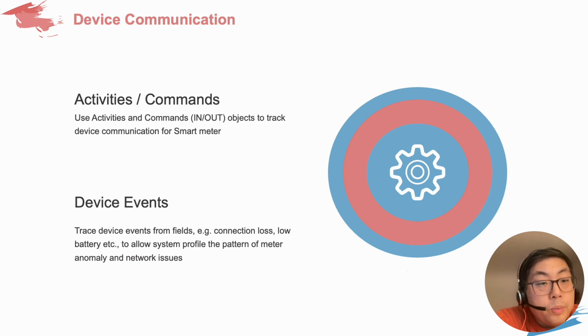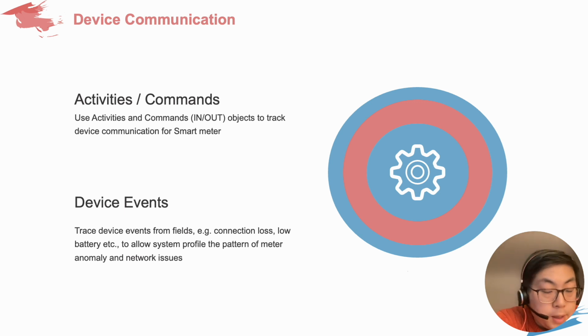And also we can use device event, which is another way of tracking events, but device event is not outbound communication, it's more about what the meter is actually feeding in. For example, the meter has a low battery, and then we can capture the device event. A device event could be a paired device event as well.